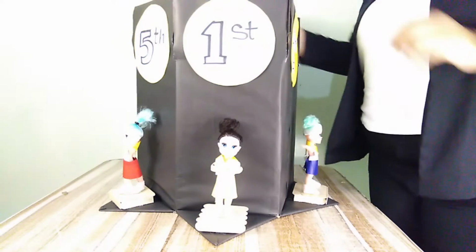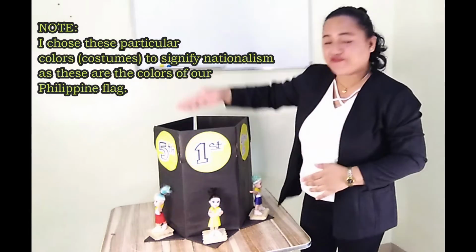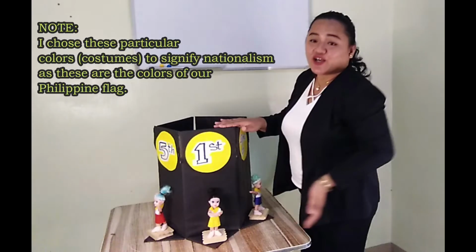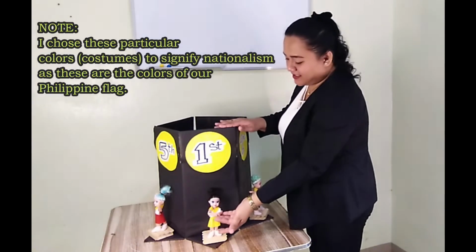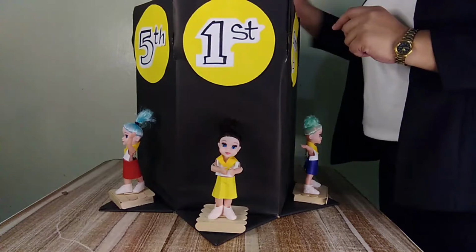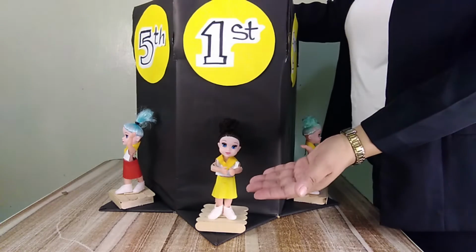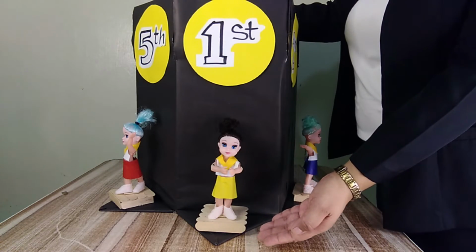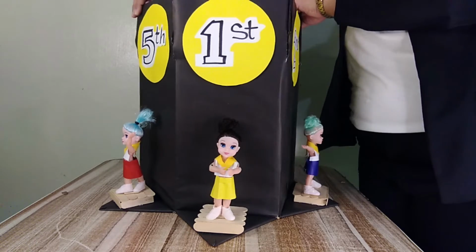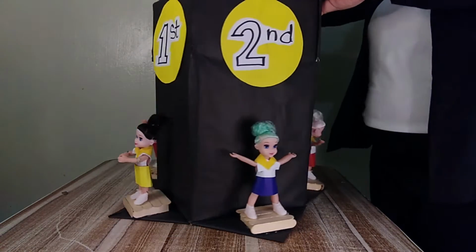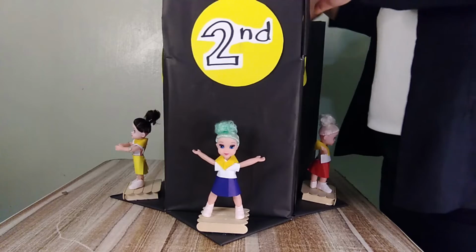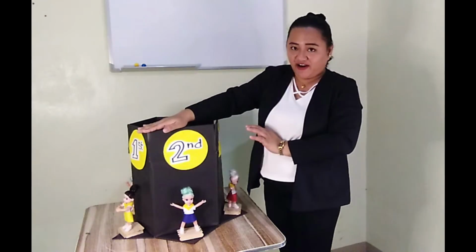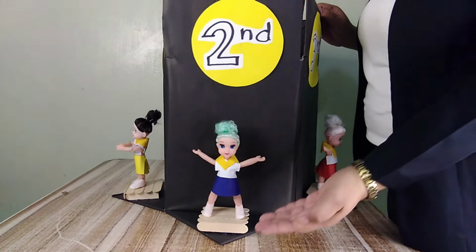And there, you will see the first fundamental position of folk dance, wherein my little baby here positions her arms in front of her chest with her feet at a 90 degrees angle. And then on the second position, my little baby here spreads her arms and her legs as well.